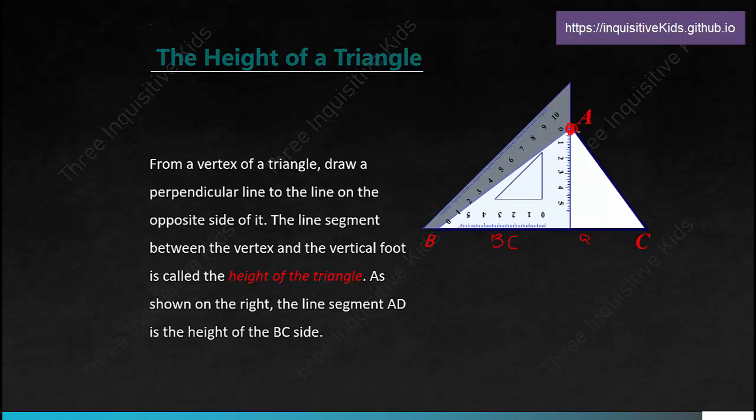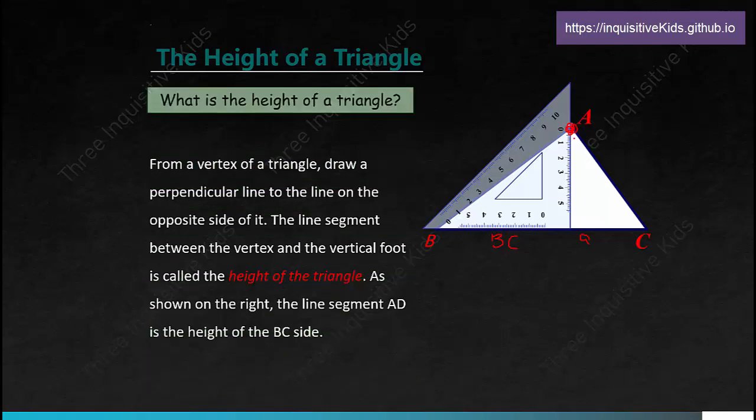So we want to draw a perpendicular line from vertex A to this line segment over here. The line segment between the vertex and the vertical foot is called the height of the triangle. So this line that forms right here is the height of the triangle.